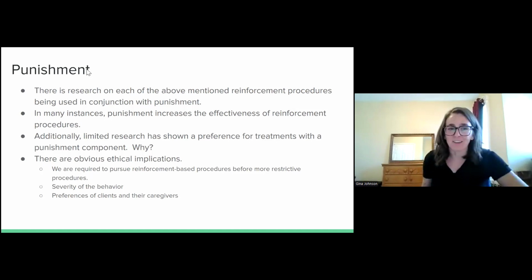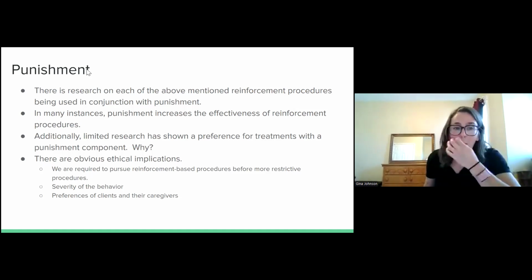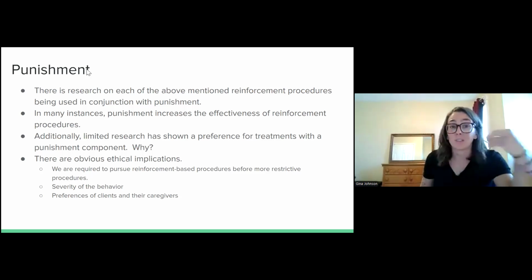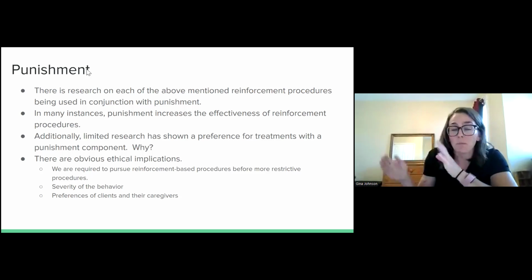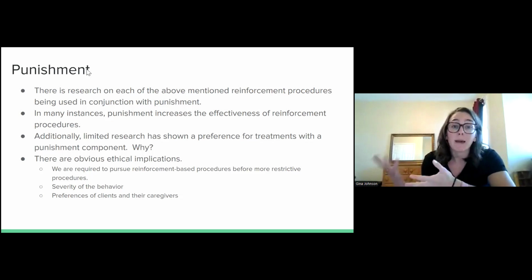There are obvious ethical implications. We are all required to pursue reinforcement-based procedures before any more restrictive procedures. That includes punishment and extinction. But we're weighing the severity of the behavior also, right? If you have a really potentially dangerous behavior, that might be a scenario where you look at applying some mildly aversive punishment, and the benefit of reducing that potentially dangerous behavior might outweigh it.